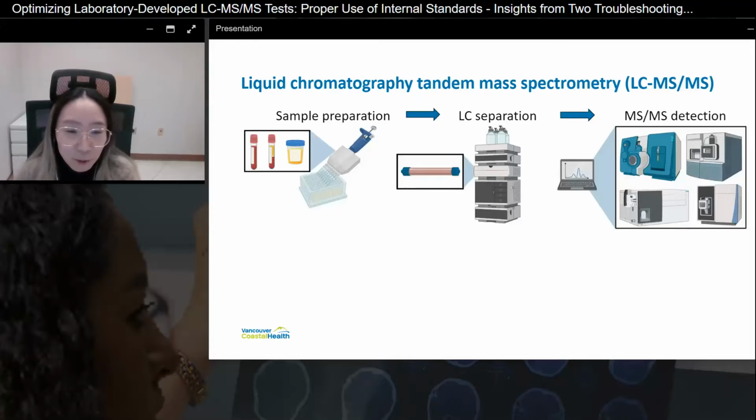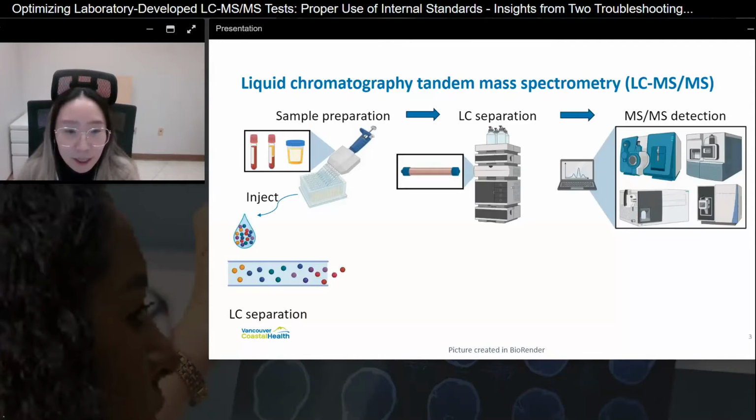It is suitable for measuring a wide range of analytes, including small molecules, hormones, vitamins, drugs, and some peptides and proteins. In today's talk, I will be focusing specifically on small molecules measurement, as peptide and protein are a very different story. And a typical workflow for lab-developed LC-MS assay is shown here.